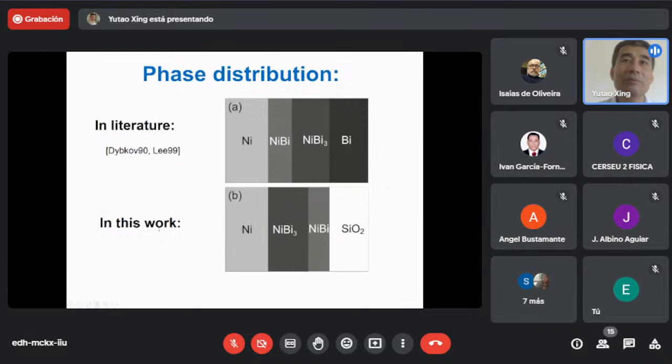But in our sample, in our work, it's nickel and NiBi3 and NiBi, with less nickel here than here. And then there is our substrate, silicon dioxide. So it's very, very different from the literature.